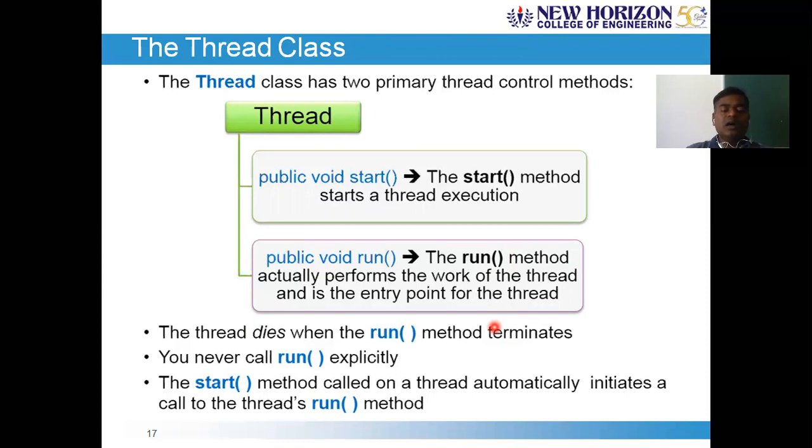So your thread's life starts from the starting execution time of the run method and ends at the ending execution time of the run method. Then who is going to call this run method? The start method makes the call to the run method, so the start method should be called by the developer in order to begin the execution.